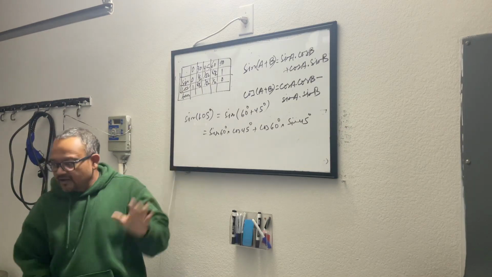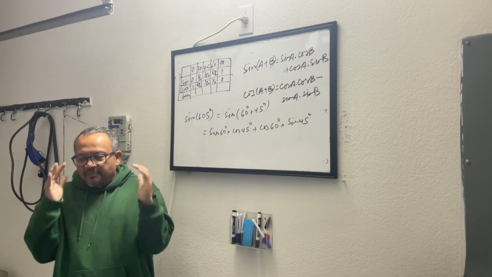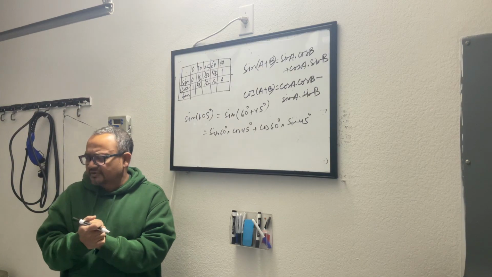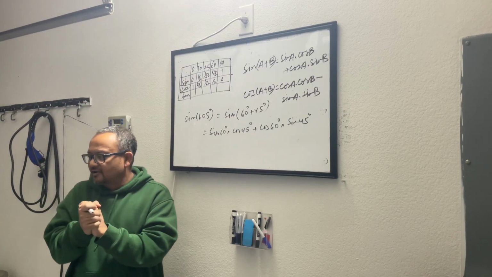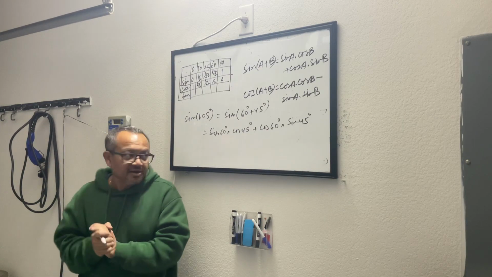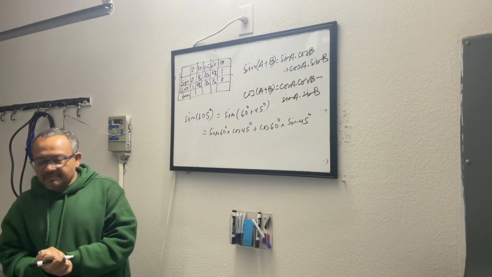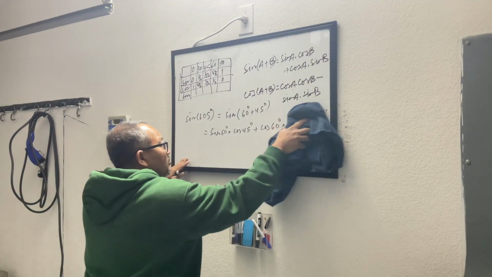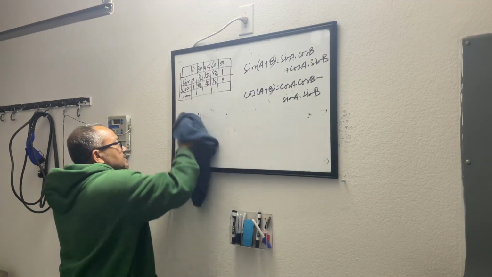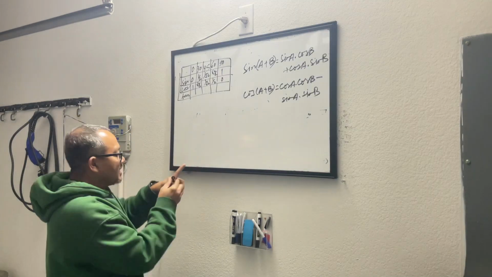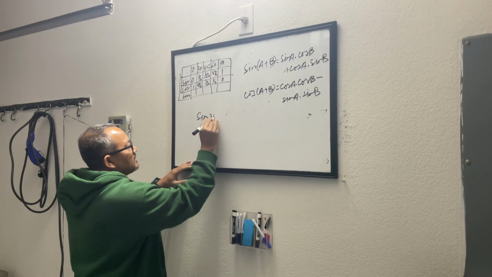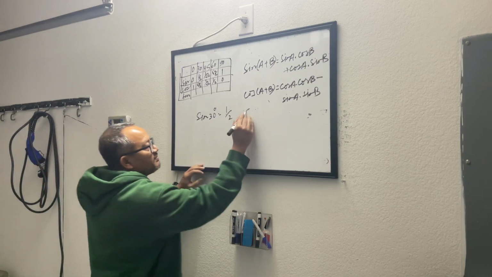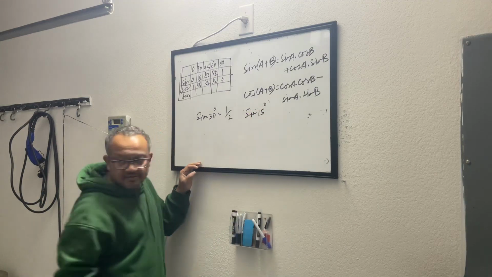If this formula becomes part of your weaponry, right? That's what you call it. If it becomes a part of all the weapons that you have in your armory, you will just use this. Imagine this. Now this is one example. Now if I know sine of 30 degree is 1 by 2, and somebody says, find out the value of sine 15 degree.